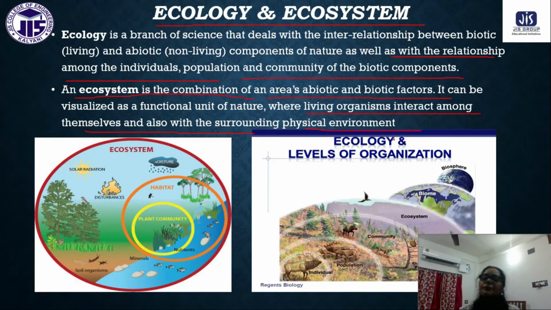So ecosystem means whatever we have in our surroundings, biotic components and abiotic components, all these are called the ecosystem. The combination of all biotic and abiotic, whatever we have in our surroundings, that is our ecosystem.